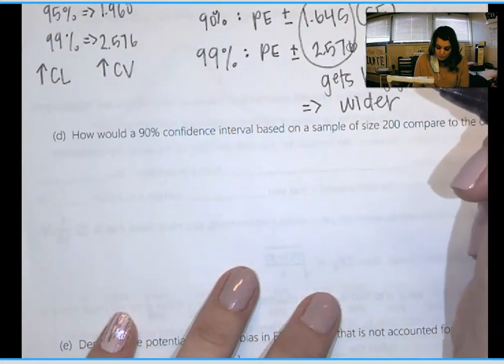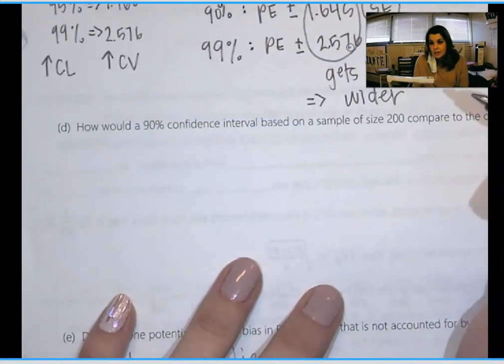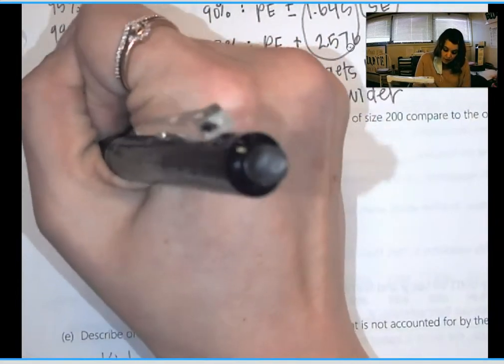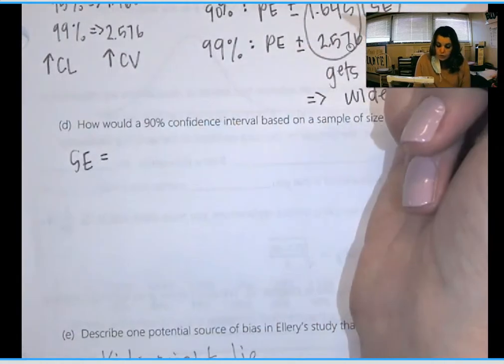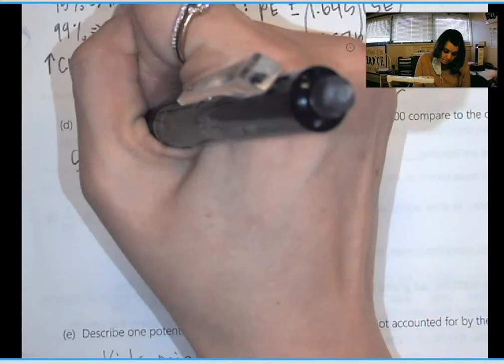So, what is affected by sample size is your standard error. So, standard error is equal to your sigma, well, in this case, it's your SX over the root of your sample size.